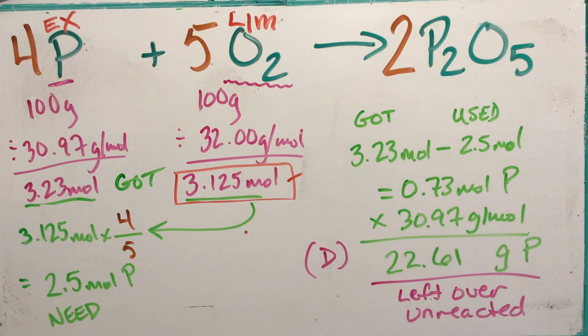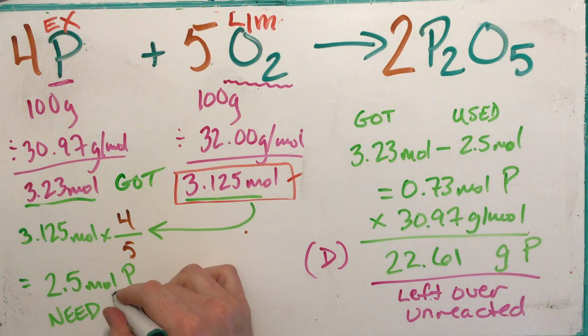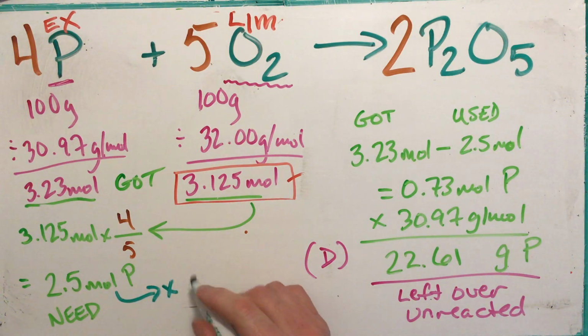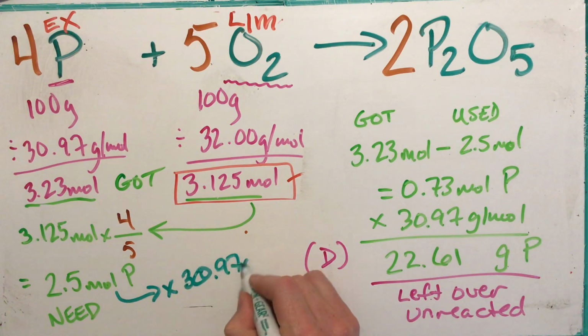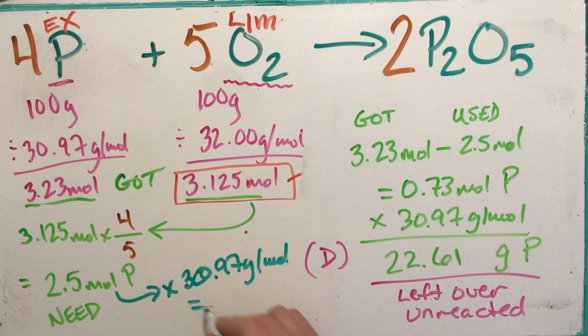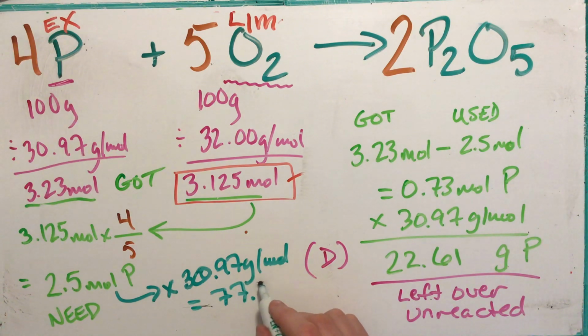The other way would be I take the 2.5 and multiply it by 30.97 grams per mole, the molar mass of the phosphorus, and that would equal 77.4 grams, and that's what would be used up.